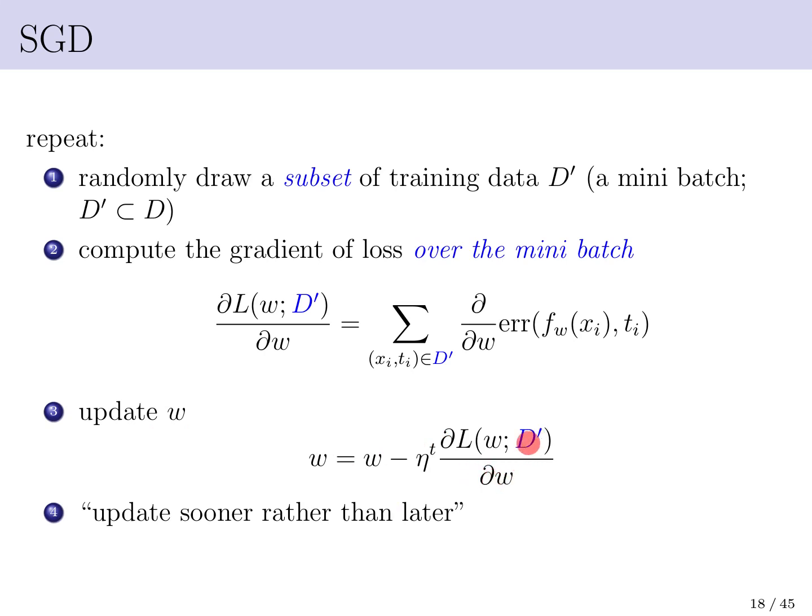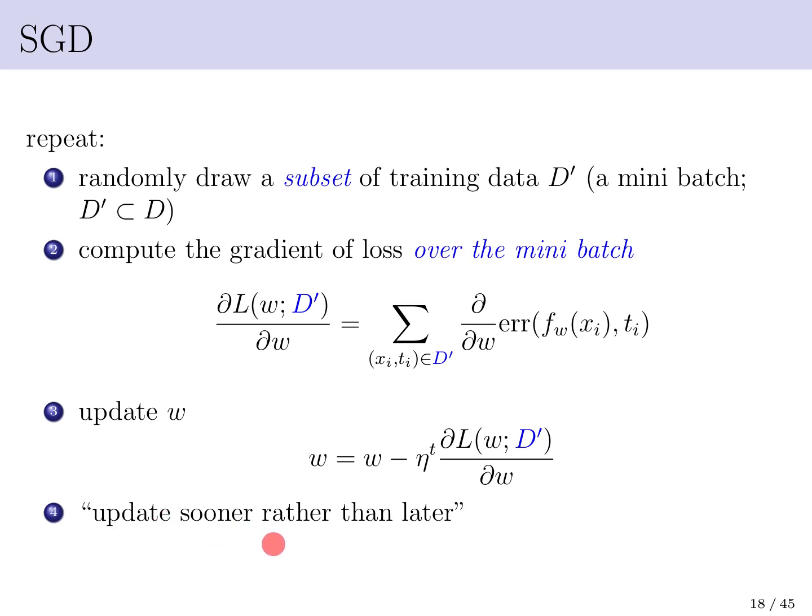The only difference being that the loss is obviously computed only with respect to the subset of the data set, which is a mini batch. So in other words, the entire workflow looks almost exactly the same, except that you take a subset of the data set at a time. The other way to look at this is that you update W more often than before.